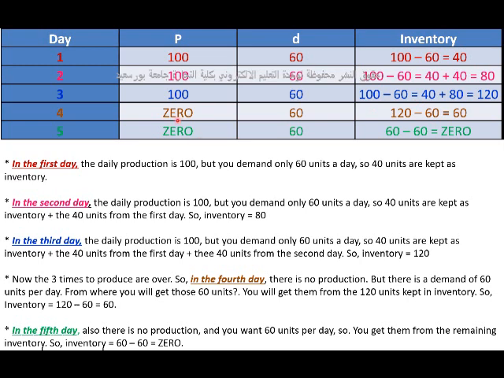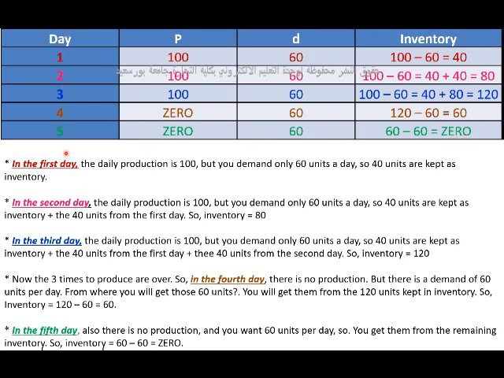Here no production and we need 60. We can take 60 from inventory. You have inventory 120 and you will take 60, so the rest will be 60. And you need 60 and you have inventory 60, so the inventory will reach 0.